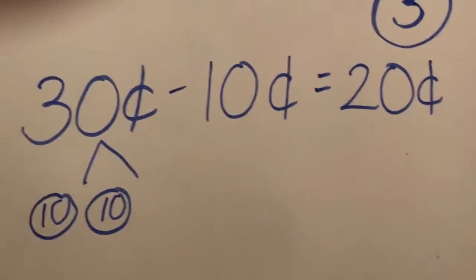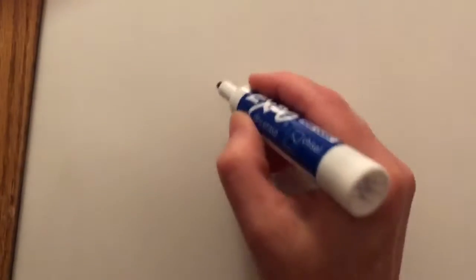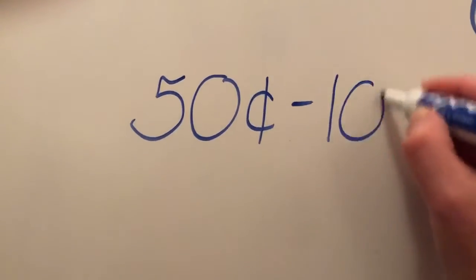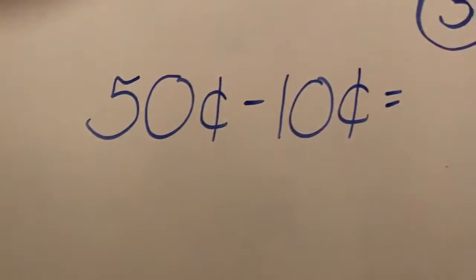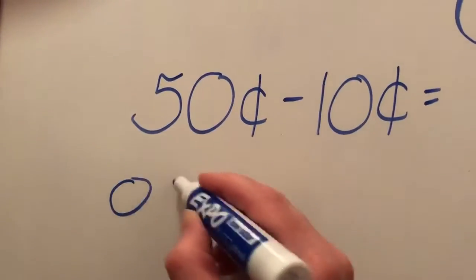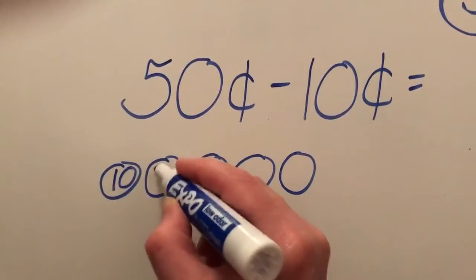Let's do another easy one, and then we're going to get into some ones in the ones place instead of tens. But let's do another easy one. If I have 50 cents and I take away 10 cents, how much money do I have left? Well, I can show 50 cents using 5 dimes.